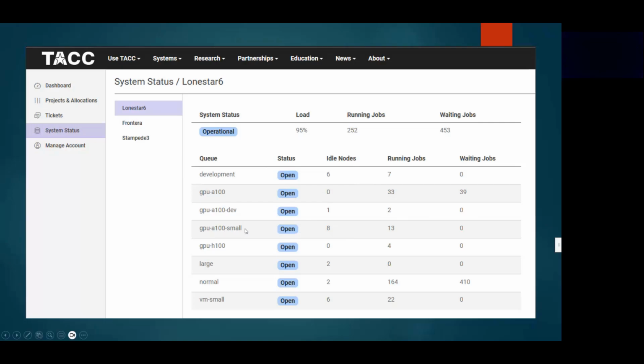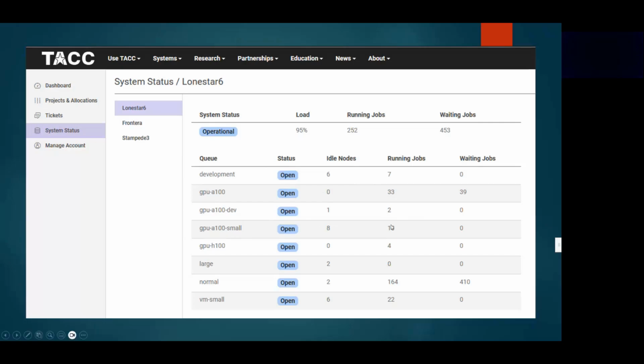Here has a small one, A100 small. Small means it only allows you to allocate 2 machines. They don't want you to allocate 10. If you only have a small job and need only 1 machine, you probably use this one also.